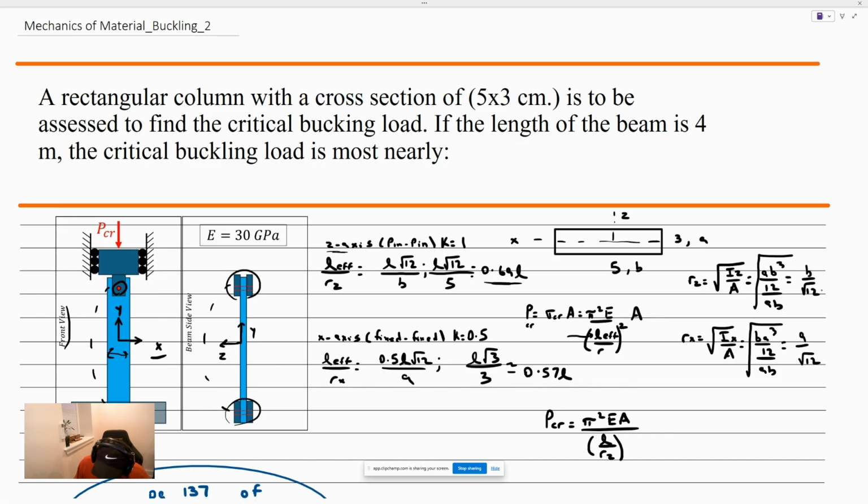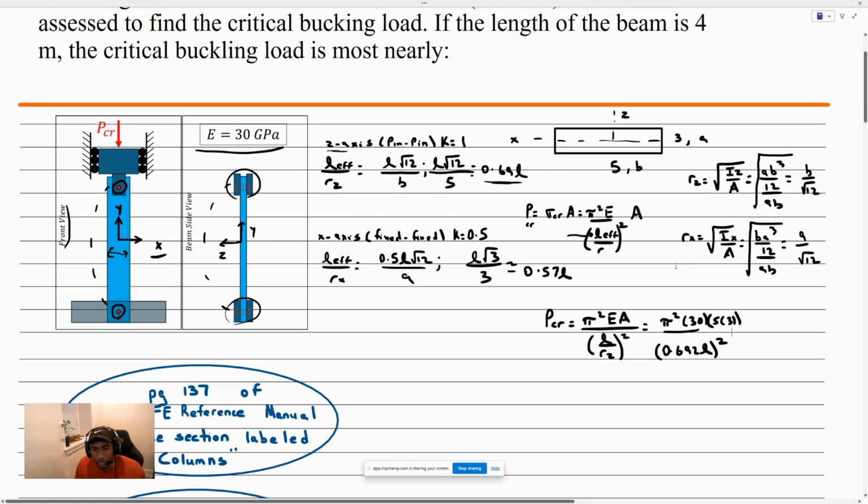It's just 0.69 times L. Let's go ahead and plug that in. So we have 0.69 L in the denominator. We square that term. Pi squared. We have the E, which was given to be 30 GPa. And we have the A, which is just 5/3.